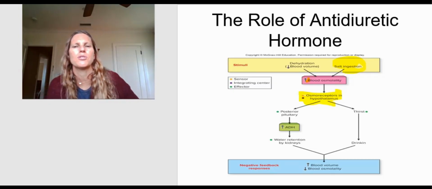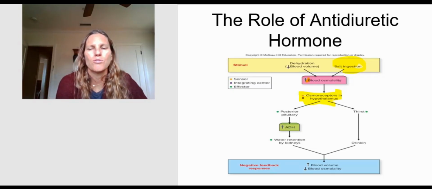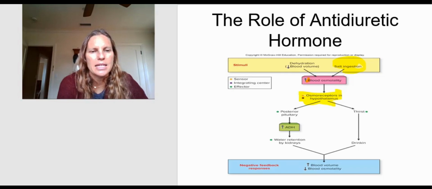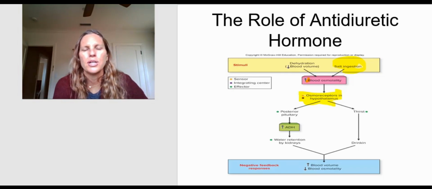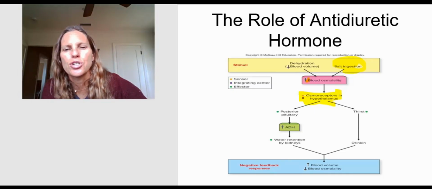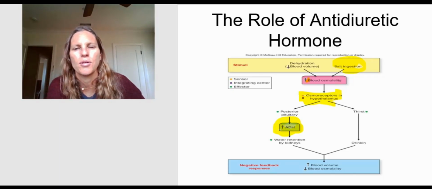Your osmoreceptors say, hey, this is not right. There's more stuff in this blood than should be there. So as a result, that increase in plasma osmolarity is going to do a couple things. It's going to, one, cause the posterior pituitary to release antidiuretic hormone.